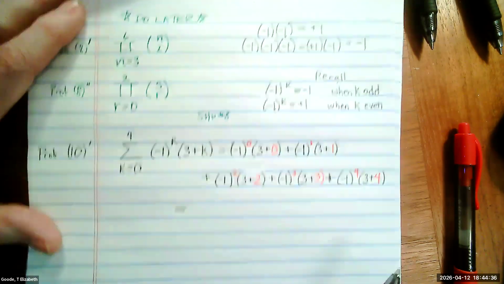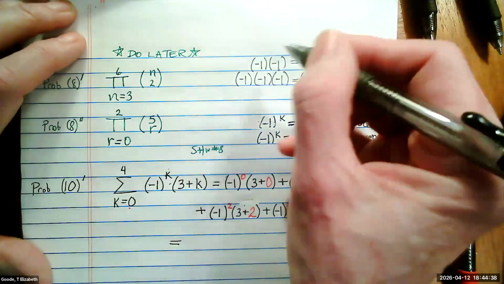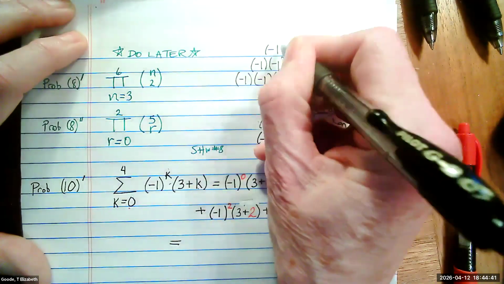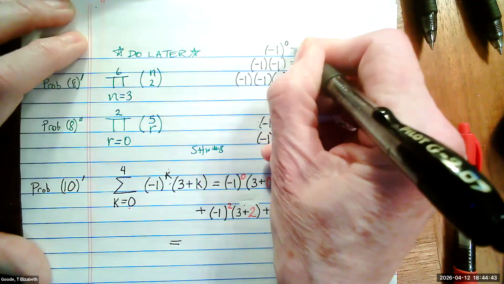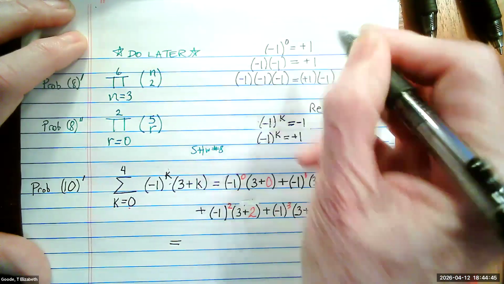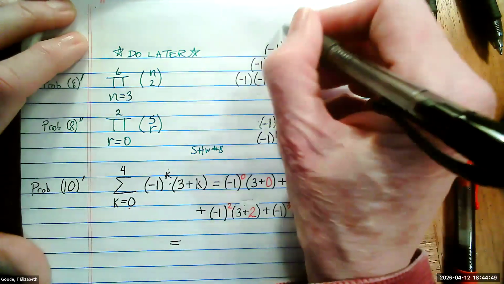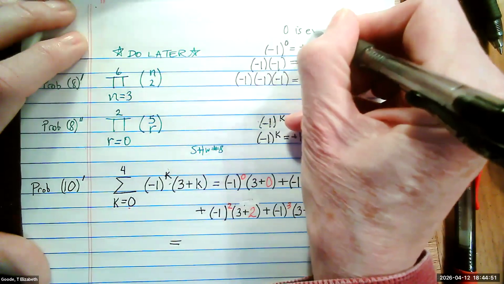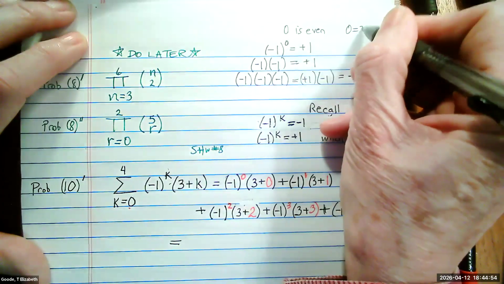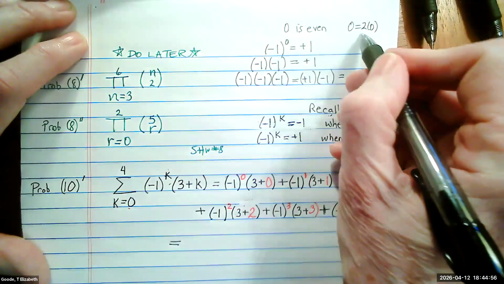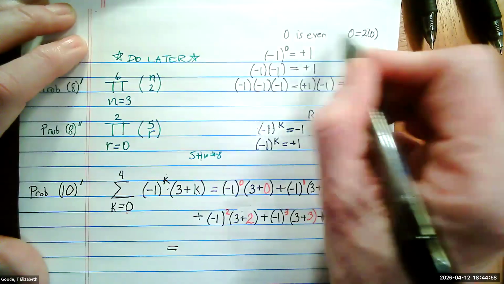It does. And one of the things to also realize is that anything raised to the zero is +1. Or just remember, zero is even, because zero is 2 times zero. It's 2 times an integer, namely itself.